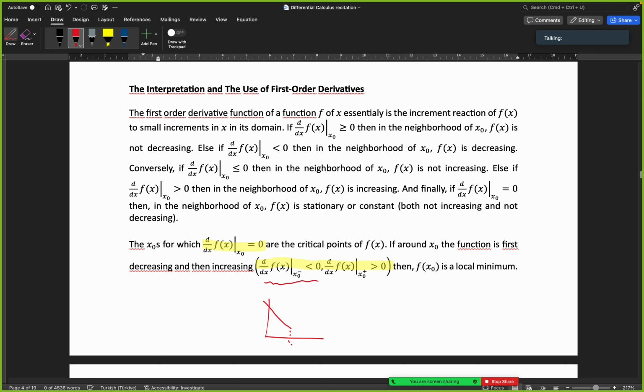So this is x0. f is decreasing from the left, and f is increasing from the right. Then, as you can see, this x0 is a local minimum.